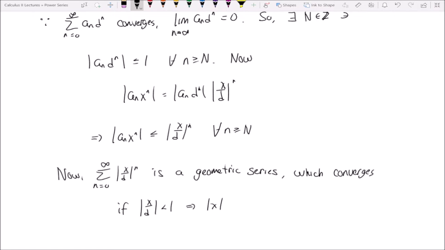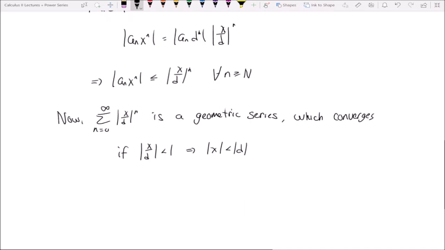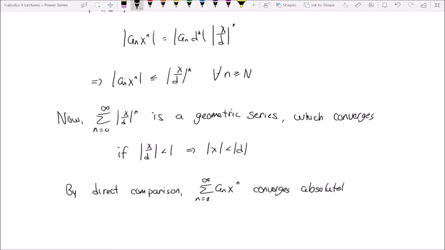Obviously, that means the absolute value of x is less than the absolute value of d. By direct comparison, this series converges absolutely for the absolute value of x less than the absolute value of d, which is precisely what we wanted.